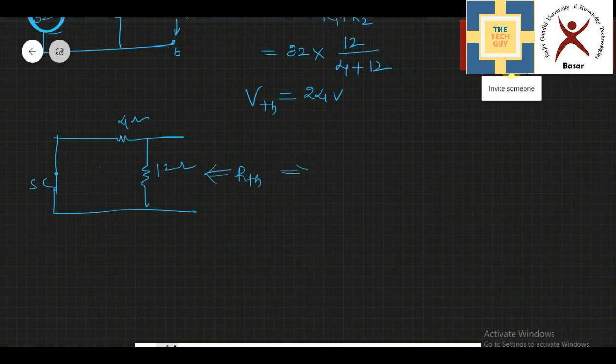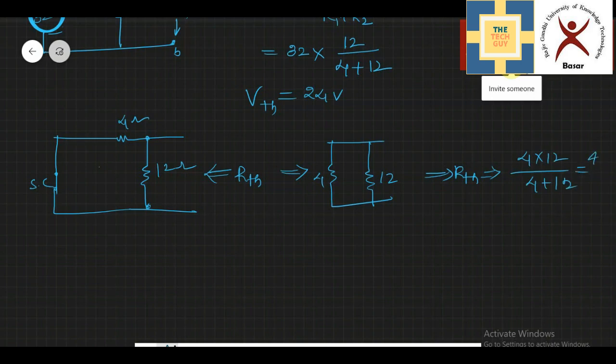Both of the resistances are connected in parallel, just like two resistances in parallel, 4 and 12. So R Thevenin's equals 4 into 12 by 4 plus 12, that is 48 by 16, which is nothing but 3 ohms.